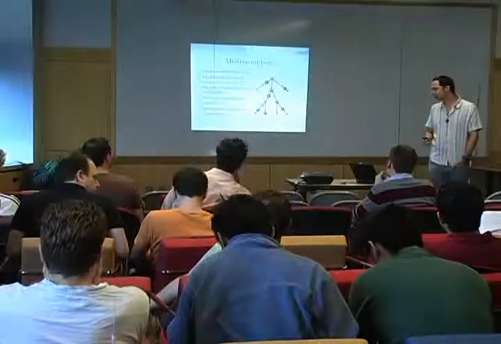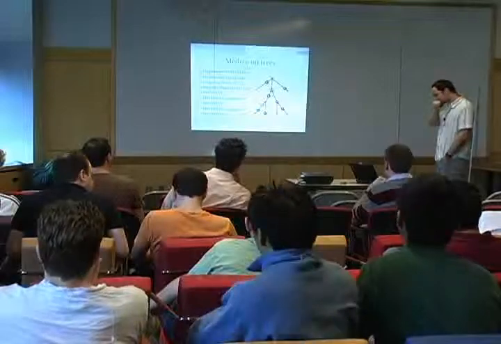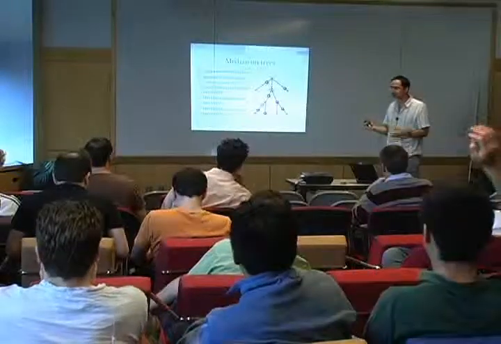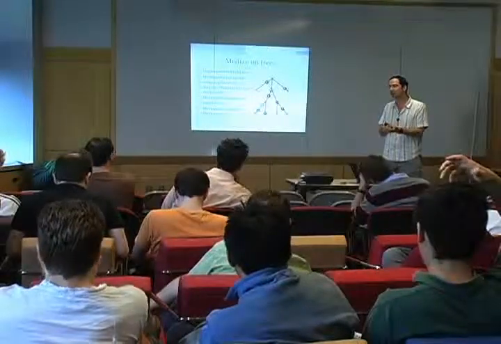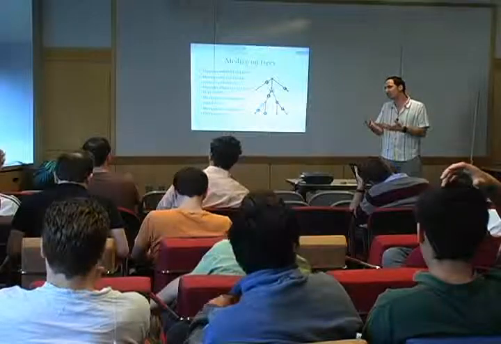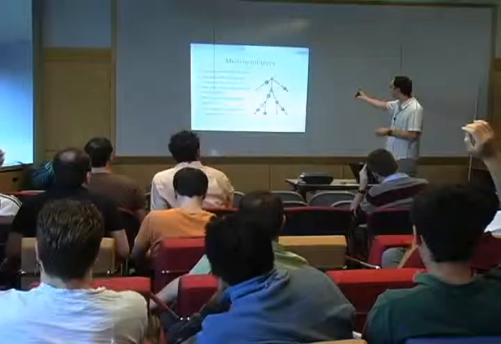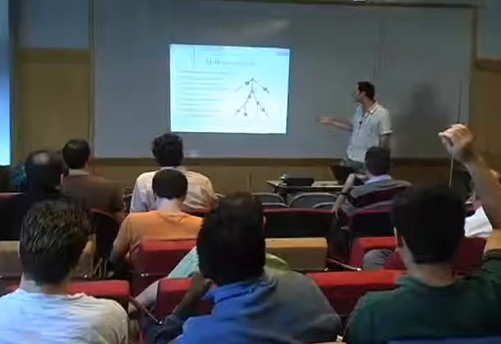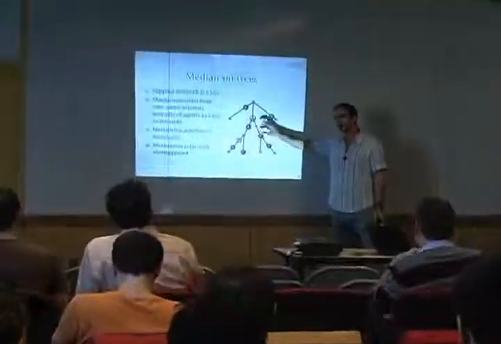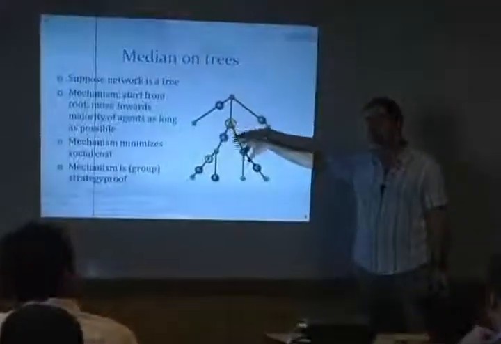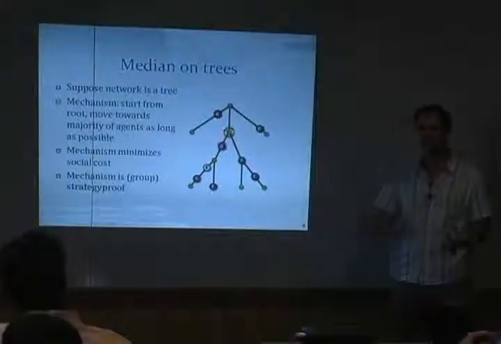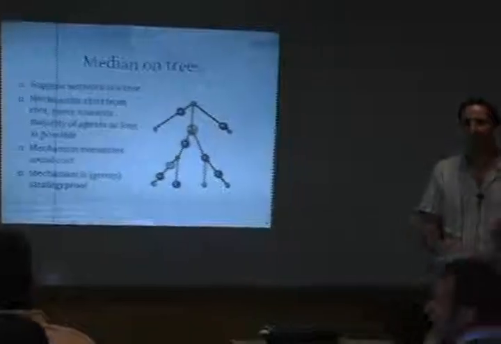So in general, you can think of this model as one where the agents can always be located on the edges. For example, in this example, the unique optimal solution in terms of the social cost is the location of D, which is not on a vertex.